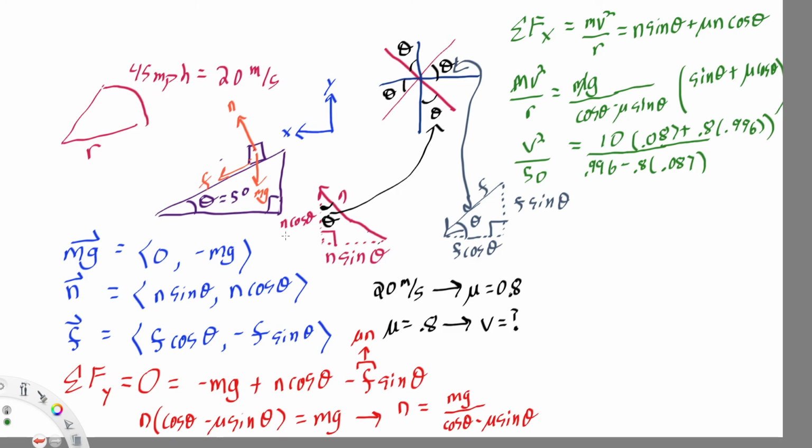All right, Jasmine says she gets 6.6. Yeah, 9.28. That's what I got, approximately. So then v squared is going to be 50 times 9.283.